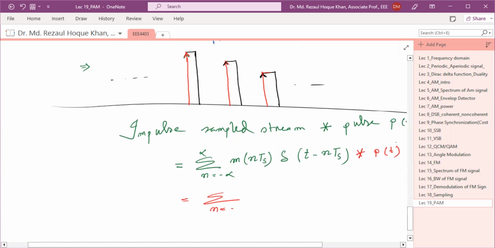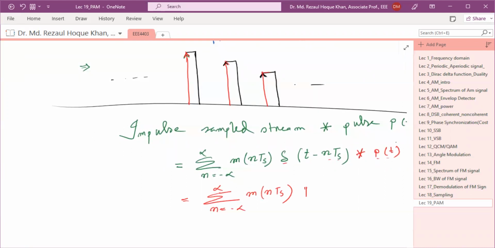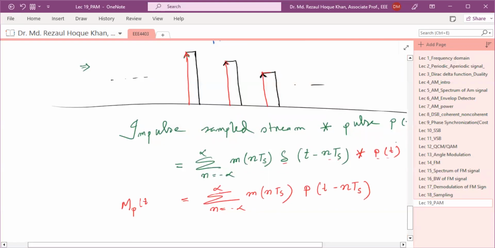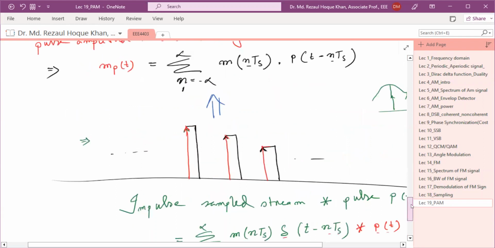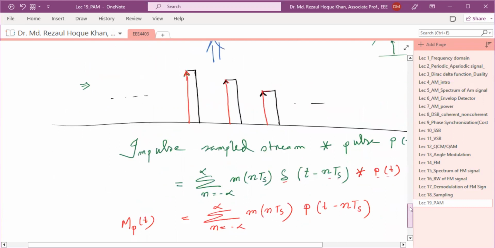We get the sum over n from minus infinity to plus infinity of m(nTs), and the delta will shift this p(t) to nTs, so we can write p(t minus nTs), which is our m_p(t).